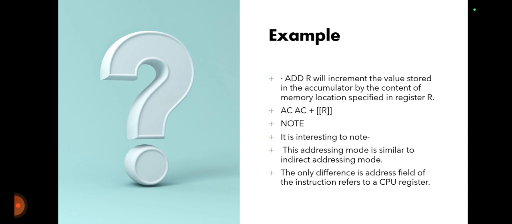Have a look at the example shown here, and there's a note that this addressing mode is similar to indirect addressing mode, and the difference is that the address field of the instruction refers to a CPU register.